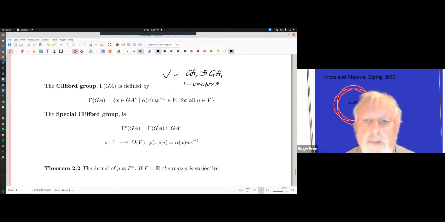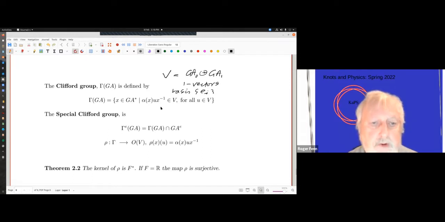So that has a basis. If this conjugation preserves these vectors, then that's called an element of the Clifford group.